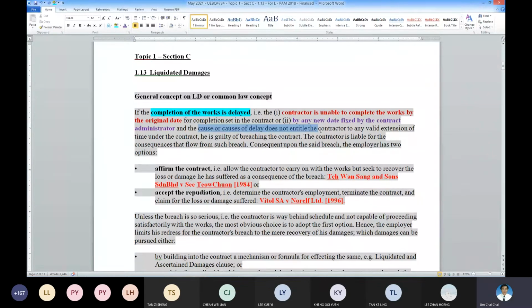Because the contractor does not have grounds for a valid extension, then the contractor is in breach of the contract.